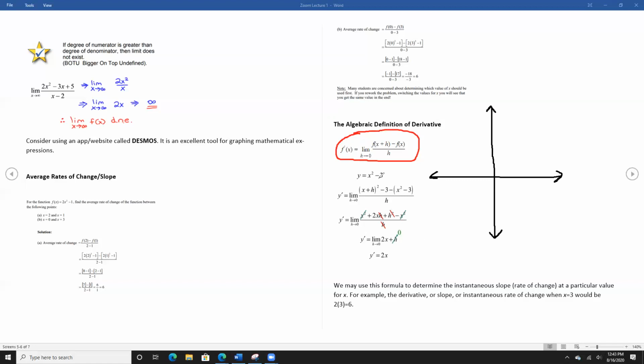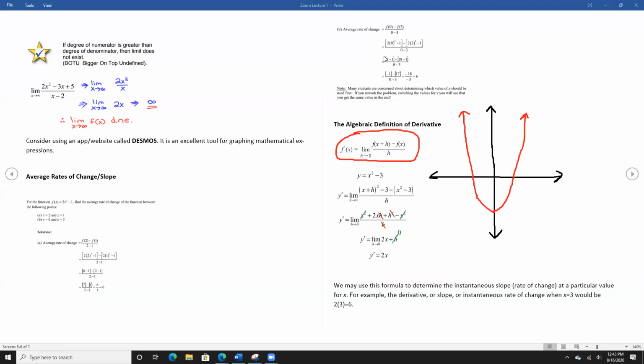This is going to be a quadratic expression that has an intercept at y is -3. So it's going to look something like this. It's a parabola. And I'm looking for the derivative or the slope at a particular value on this graph.